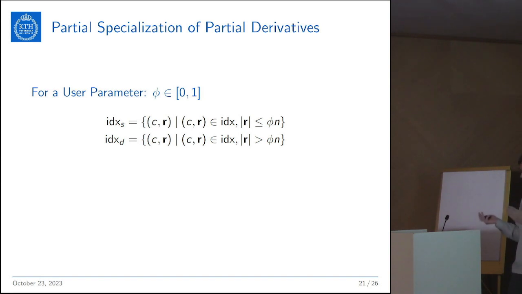In the first set, which we call index subscript S, where S stands for static, we put all the columns in the Jacobian that have less than or equal to phi times n non-zero partial derivatives. And the remaining ones we put in the index set subscript D, where D stands for dynamic.